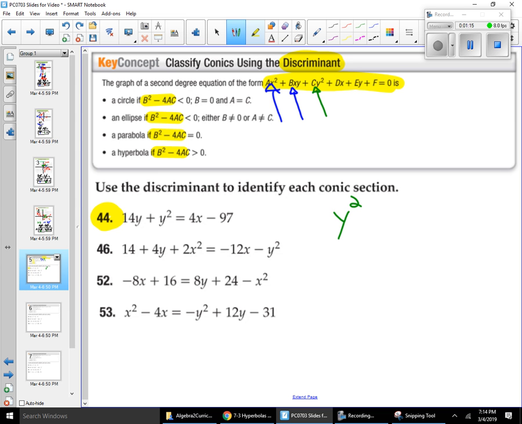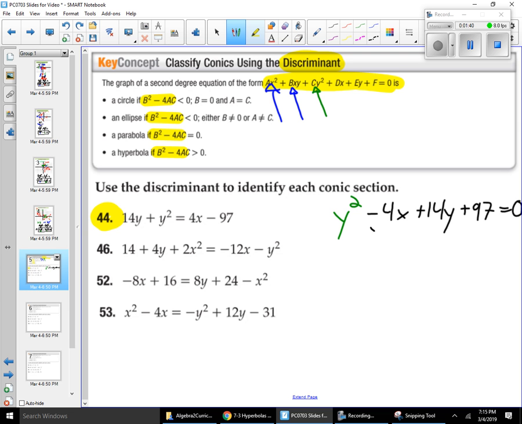Moving down the line, in order to get that dx, I would actually have to subtract 4x from both sides. I would have to use a commutative property to move the 14y over, and then bringing 97 over from the right-hand side as well, in order to get true general form. Here's the thing, though. I wanted b squared minus 4ac.